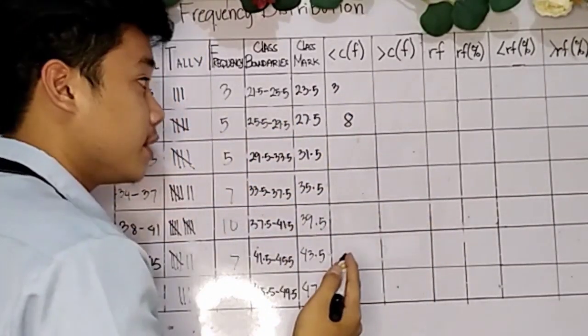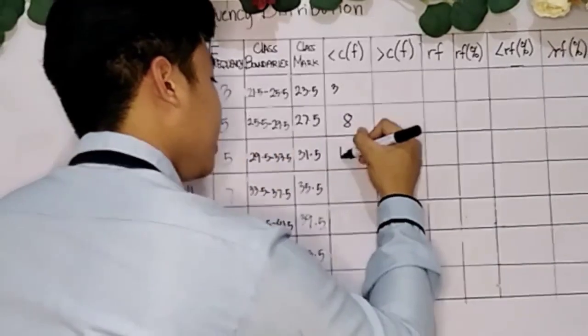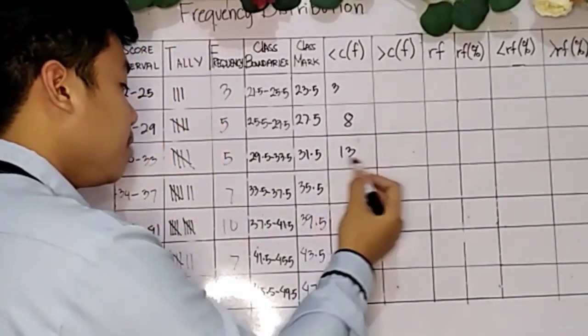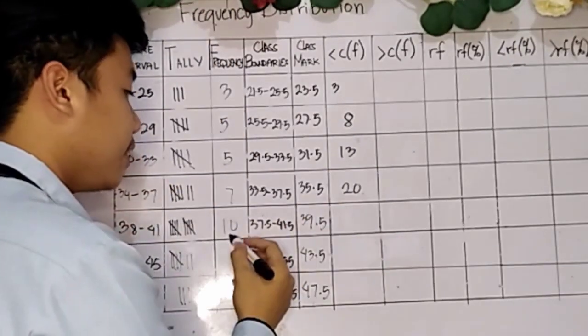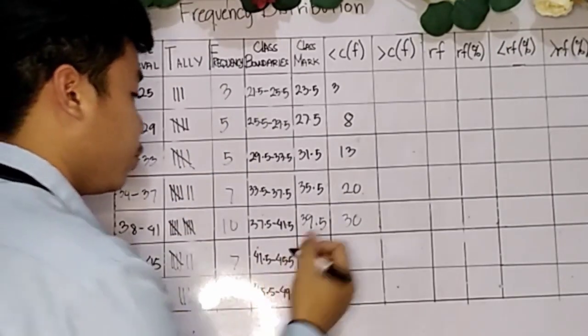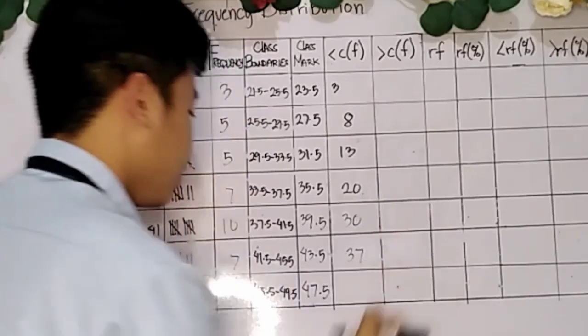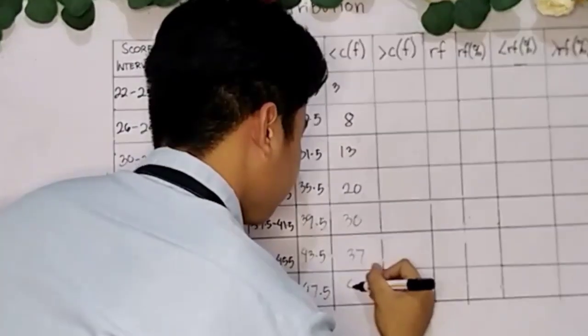And then the same process, add to the successive frequency: 8 plus 5 is equal to 13. And then 13 plus 7 is equal to 20. 20 plus 10 is equal to 30. And 30 plus 7 is equal to 37. And then 37 plus 3 is equal to 40.